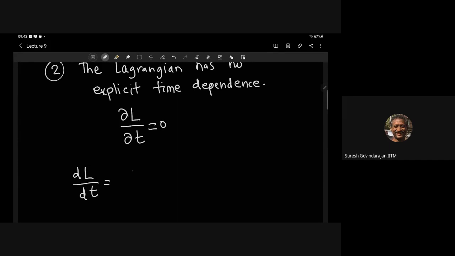So this is the partial derivative. This is a function of 3 variables: dL by dq times the variation of q, so it will be q dot, plus dL by dq dot times d by dt of q dot, which is q double dot, plus the partial derivative with respect to t.